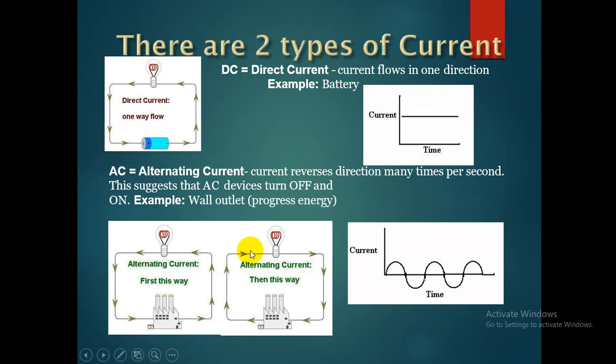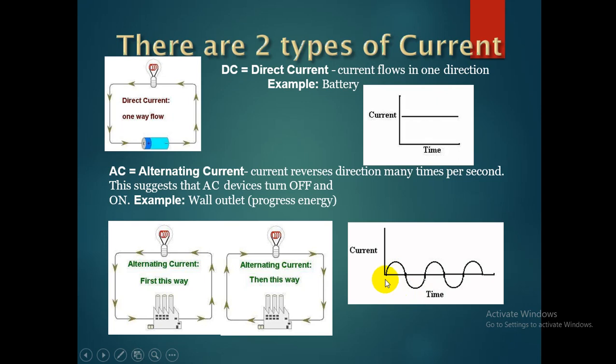Whenever we apply this AC voltage or AC current source, look at this waveform signal. It's a sinusoidal signal, you can say an alternating quantity, having one positive half cycle and one negative half cycle.